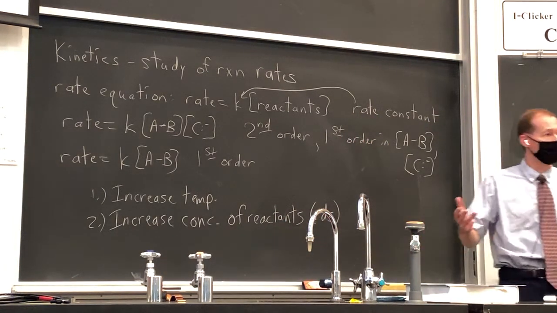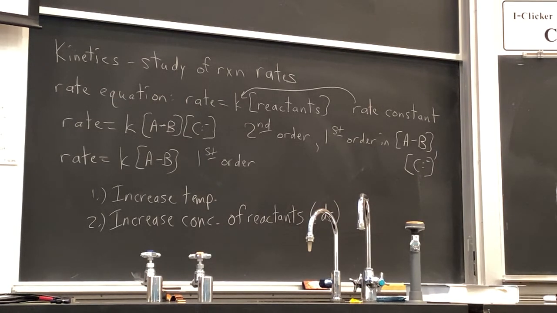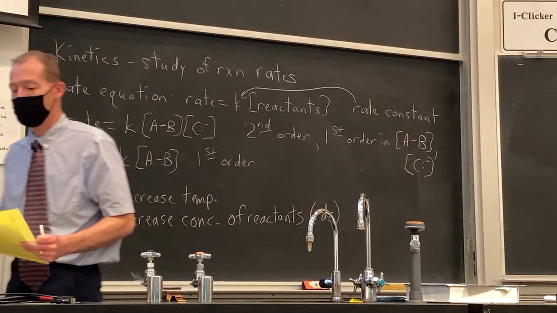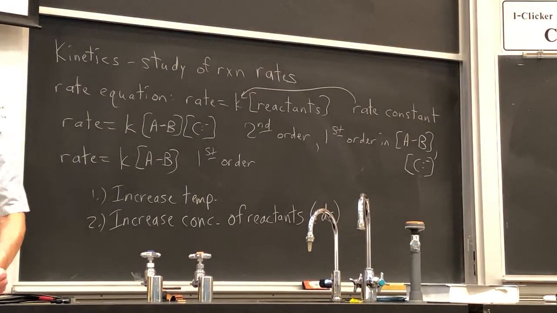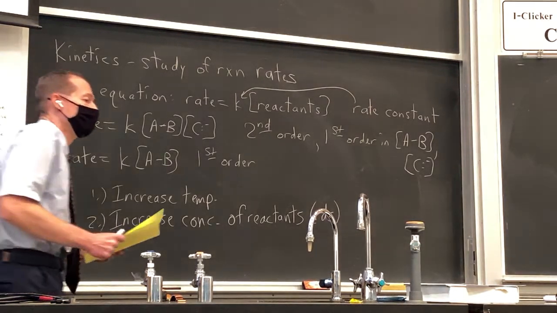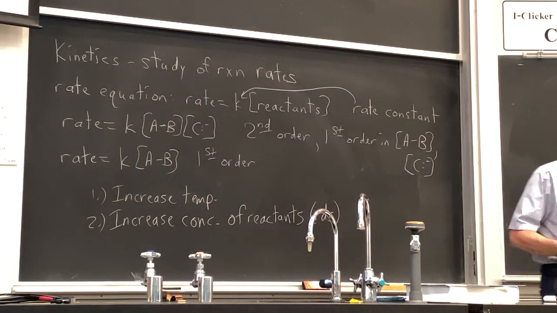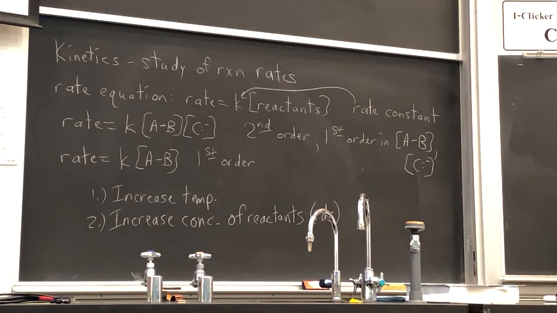For a similar reason, if you have more reactants in the same volume, you're going to have increased collisions and therefore faster reactions. None of this has any impact on thermodynamics. We're not changing the relationships in energy between the reactants and the products, but we are getting to that equilibrium faster by increasing temperature or concentration.